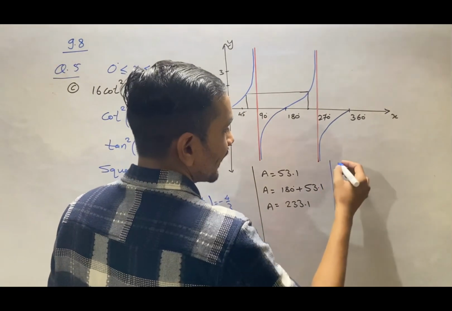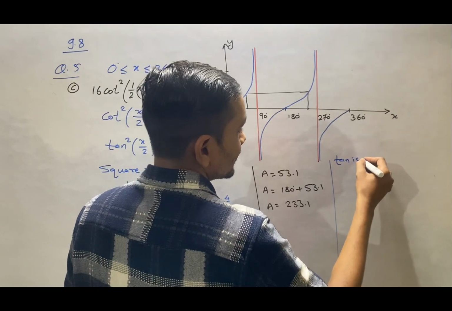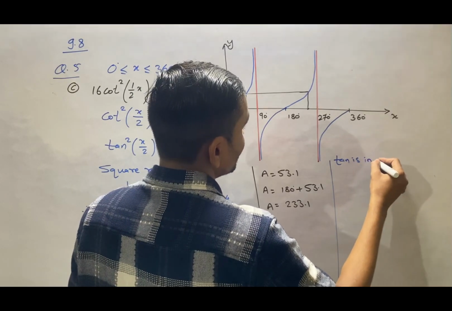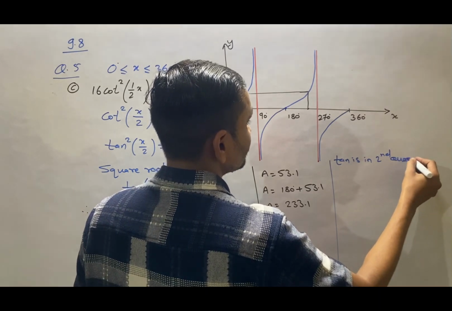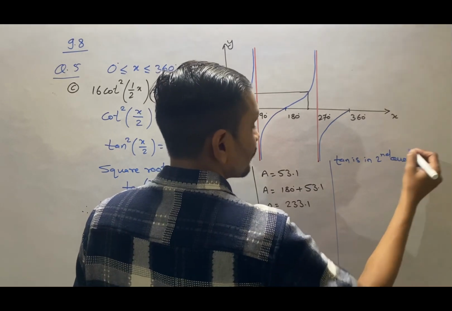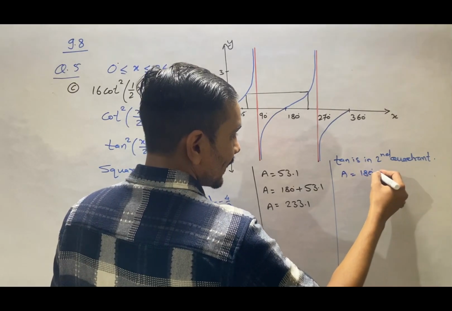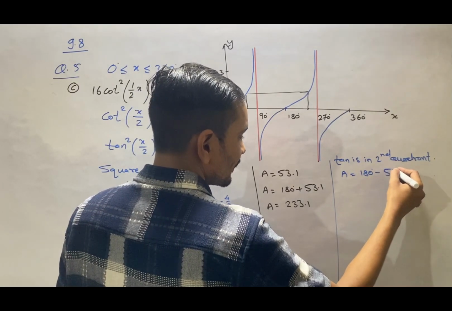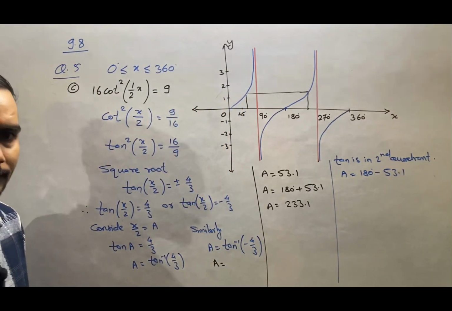So if tan is in the second quadrant, we do a equals 180 minus 53.1.